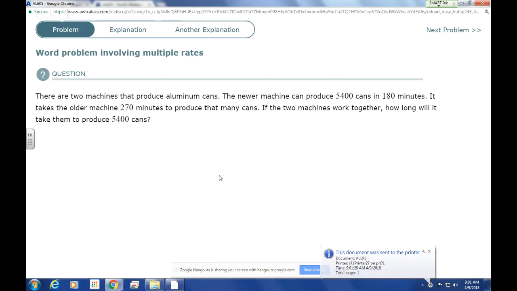I did two-sided. Is there more than one page? I'm sorry?